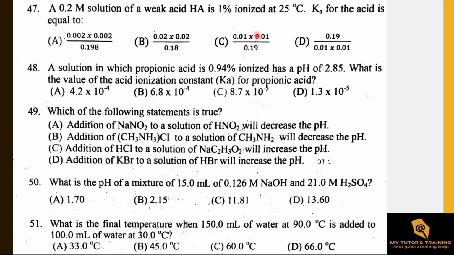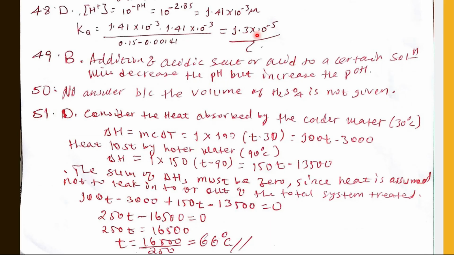Therefore delta H, the change of heat, is equal to m c delta T. That is 1 times 100 times T minus 30, which is 100 T minus 3000.